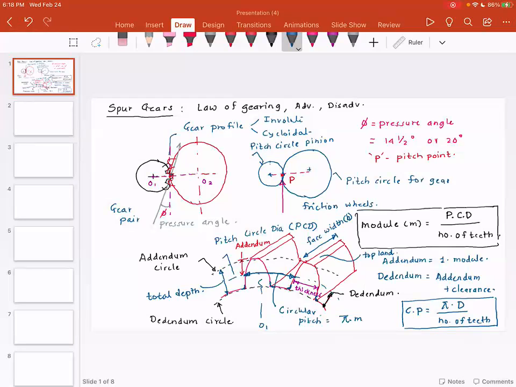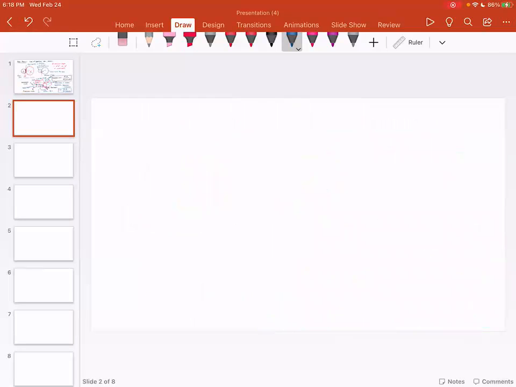Now, one thing that we have to be aware of is the interference in the gear. And this is quite important. So, interference in gears.